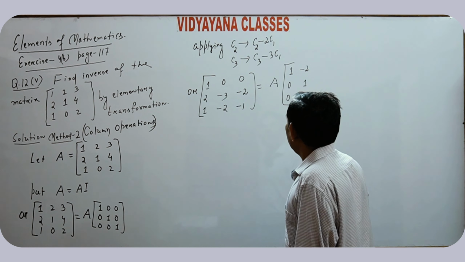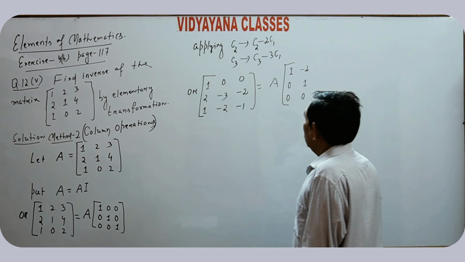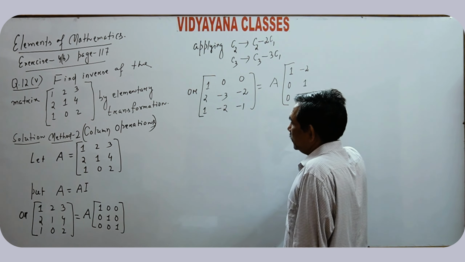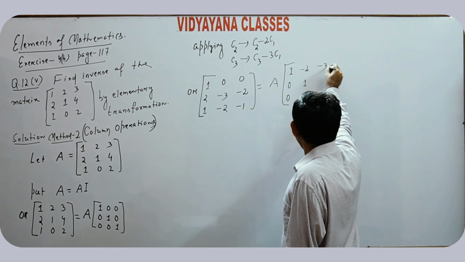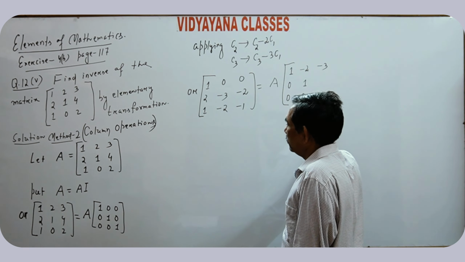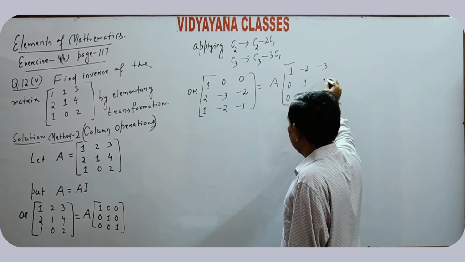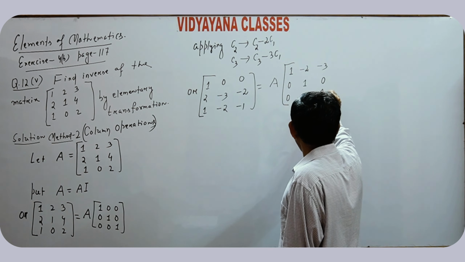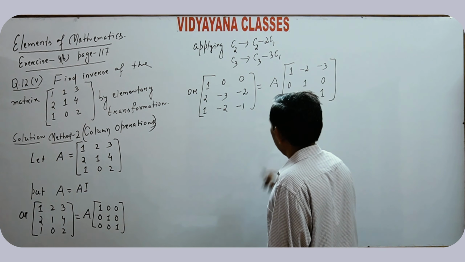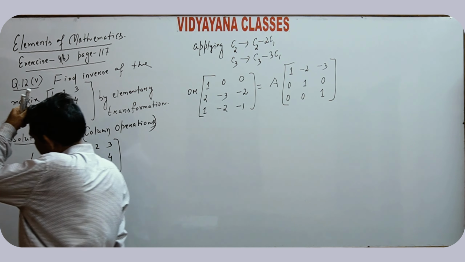C3 minus 3 times C1: 0 minus 3 times 1 is equal to minus 3. 0 minus 3 times 0 is equal to 0. 1 minus 3 times 0 is equal to 1. Clear?